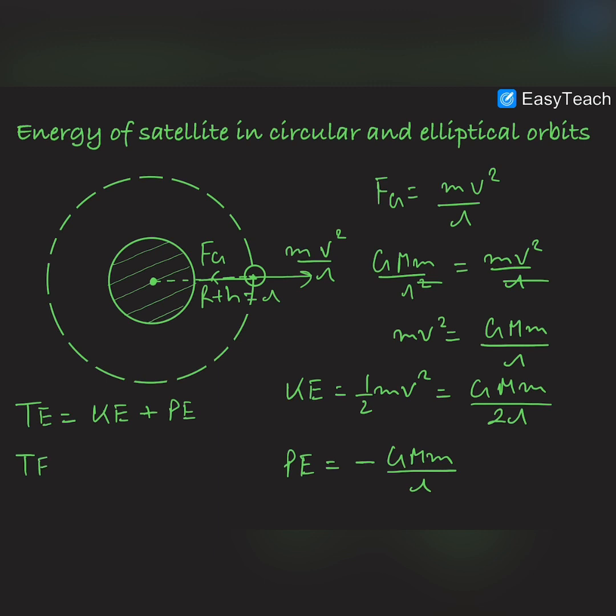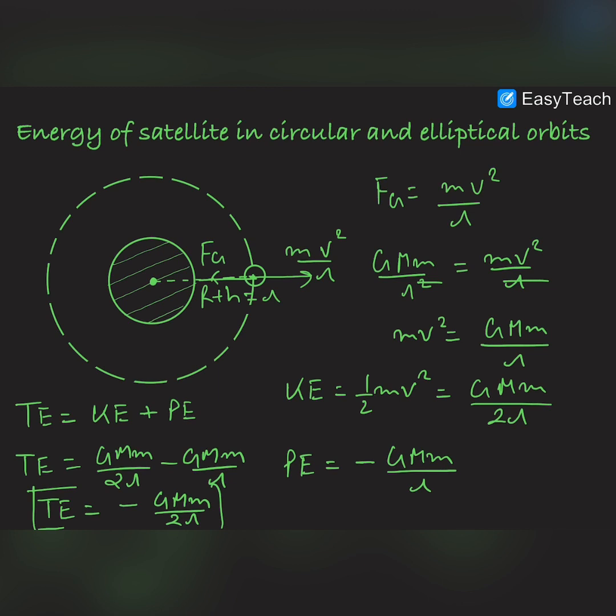So total energy is equal to GMm by 2r minus GMm by r. So total energy is equal to minus of GMm by 2r. This is the total energy of satellite in the circular orbit.